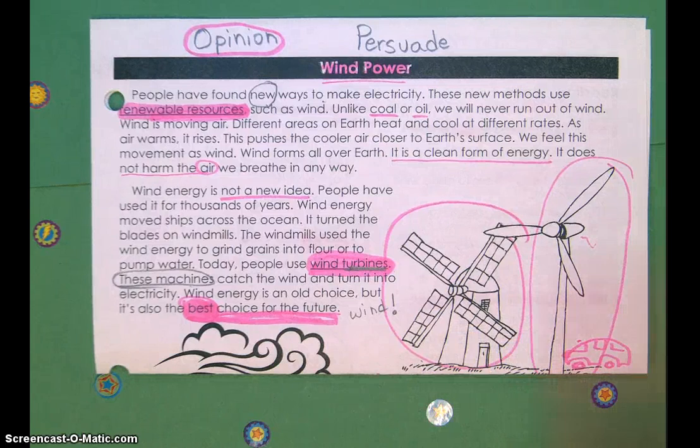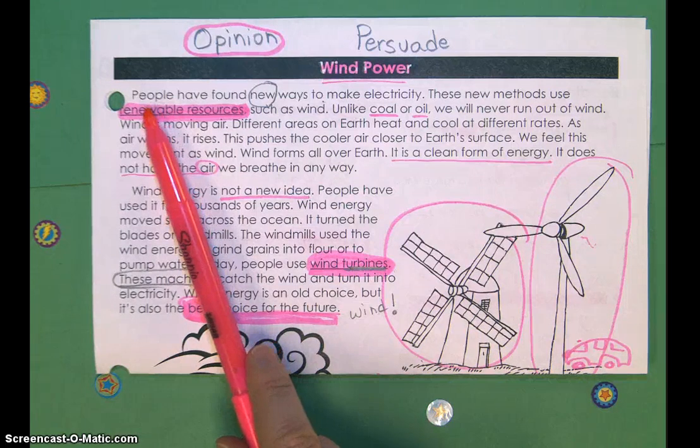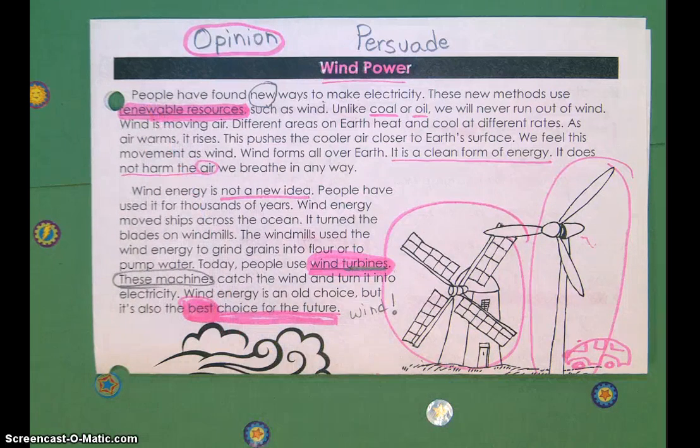First word is people. Ready, begin. People have found new ways to make electricity. These new methods use renewable resources, such as wind. Unlike coal or oil, we will never run out of wind. Wind is moving air. Different areas on Earth heat and cool at different rates.